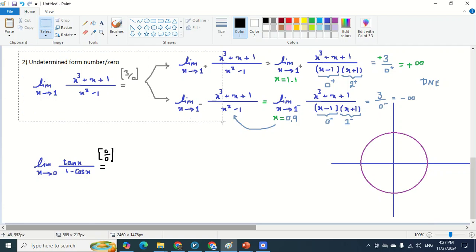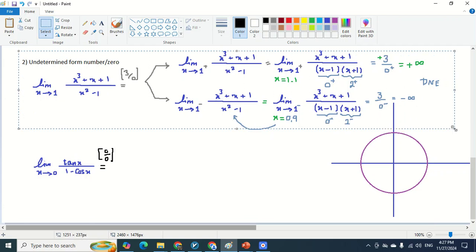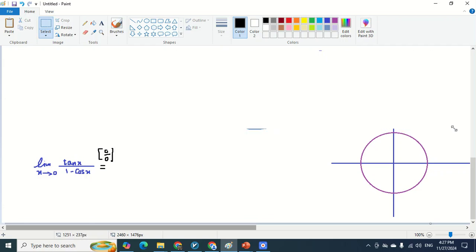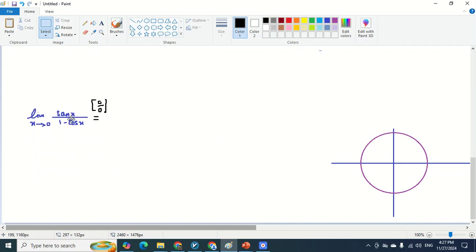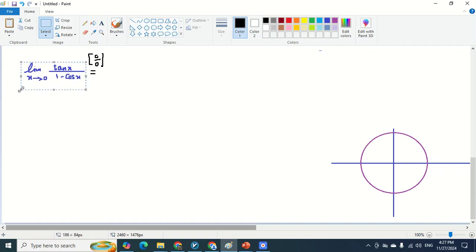Let me erase the first example and focus on this example over here. We have this limit and we want to solve it, and by substituting we realize that it's equal to 0 over 0.